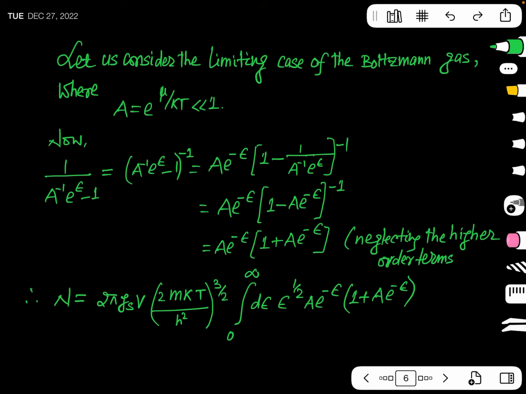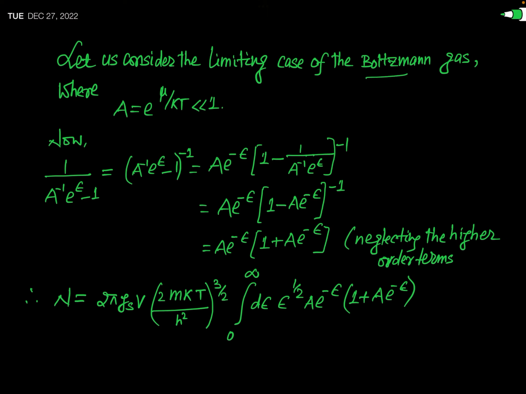Now, for evaluating this integral, we consider a limiting case of Boltzmann gas, and that limiting case was what? That limiting case was a is much smaller than 1. You know, when a is much smaller than 1, when T is very large and the chemical potential is negative, then you have learnt earlier that this a will be much smaller than 1.